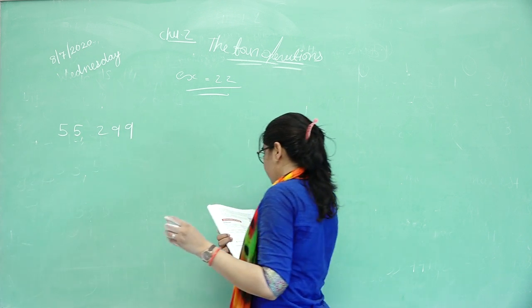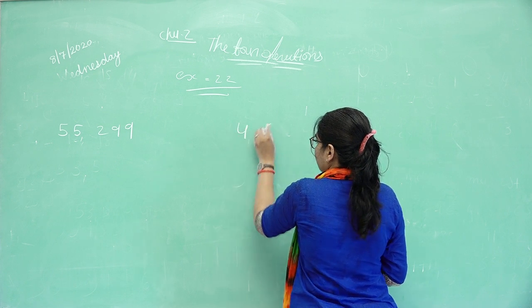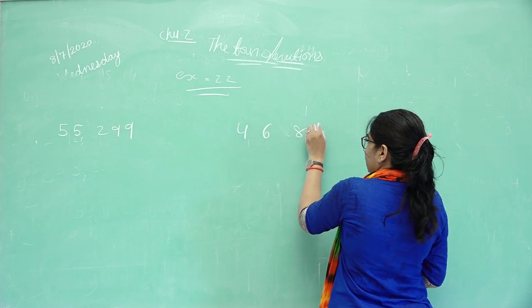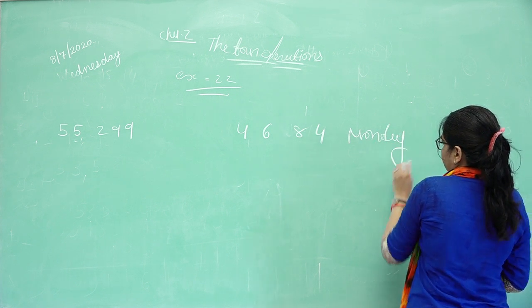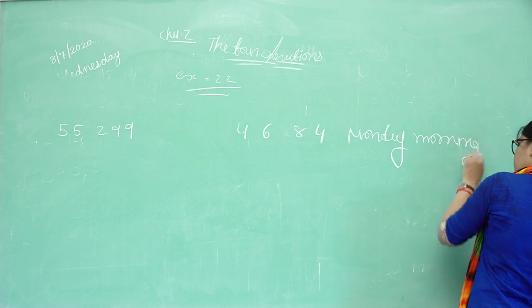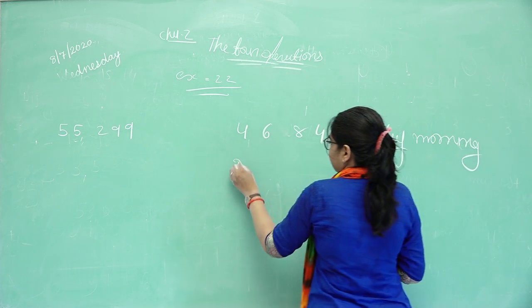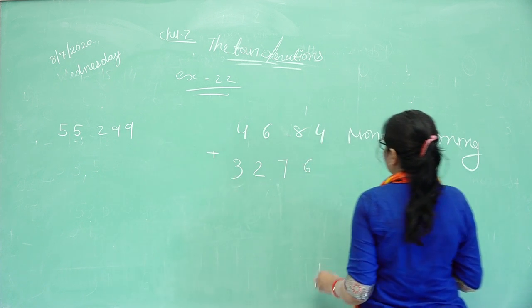Okay, then after Monday went out in morning. How many? 4,684. Monday went out in morning. Okay. Then after 3,276 in afternoon went out.